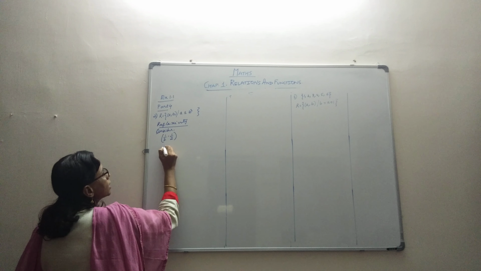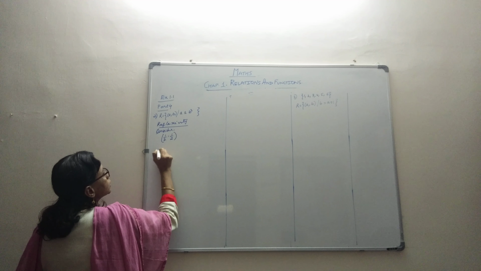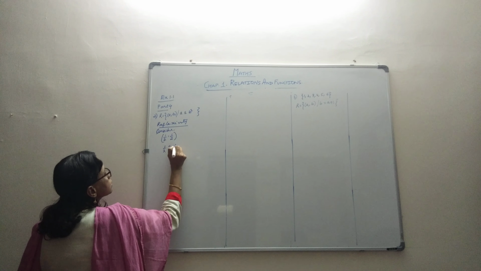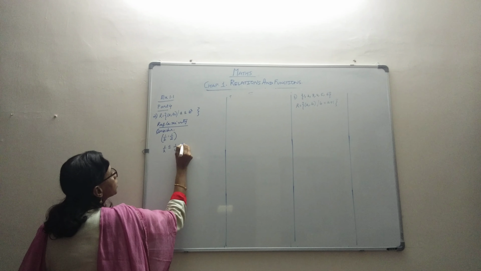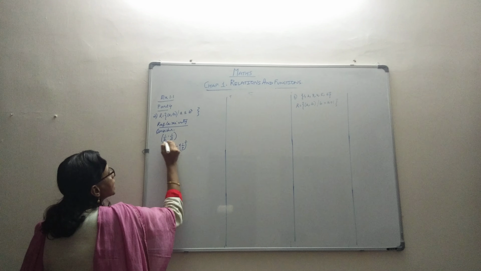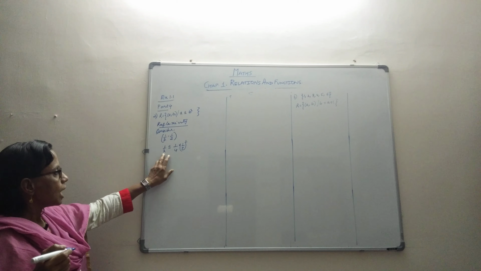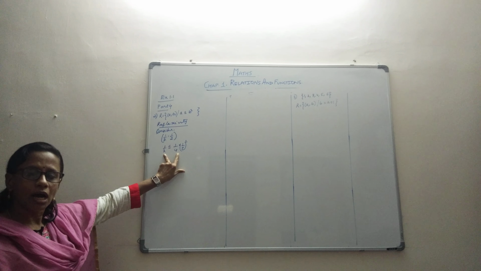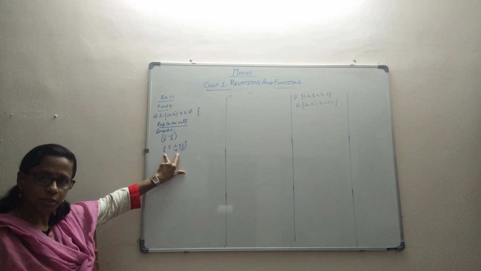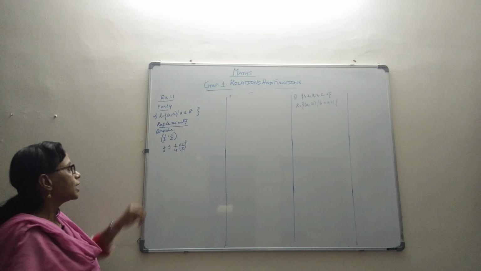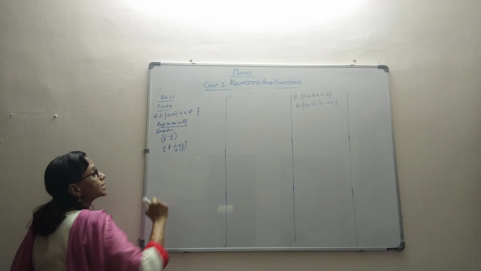If you could check, is half less than or equal to 1 by 4, which is half squared? See, a less than or equal to b squared, where a is half and b squared is 1 by 4. Half is not less than 1 by 4 because half is 0.5 and 1 by 4 is 0.25. It's not less. So that's not true, right?